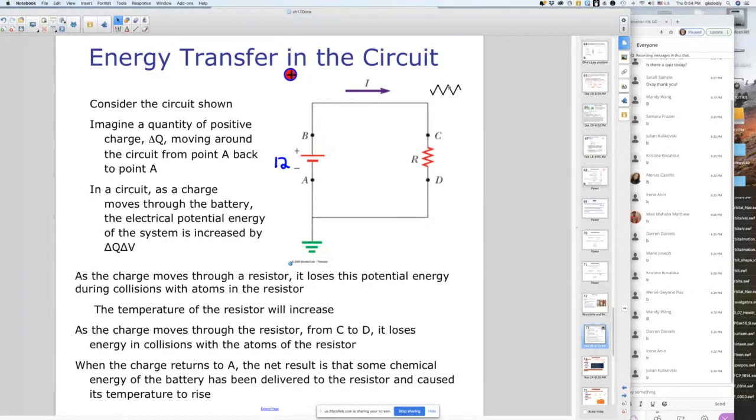Now, if you have two resistors connected this way, one after the other, we call that series resistance, then what happens is this. The amount of energy it has right now is 12 volts. As it goes across this resistance, it loses some of that 12 volts, but not all. And then it loses the rest of it as it goes across this one. It's back to zero energy.